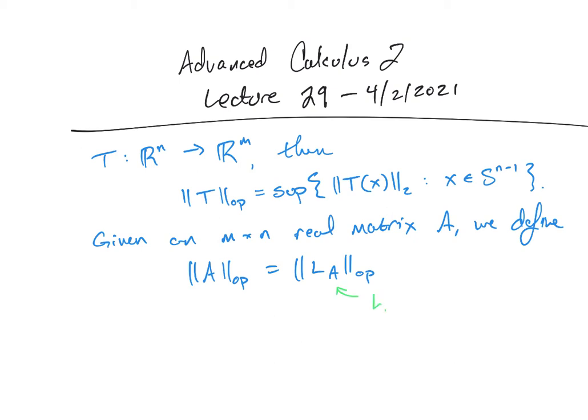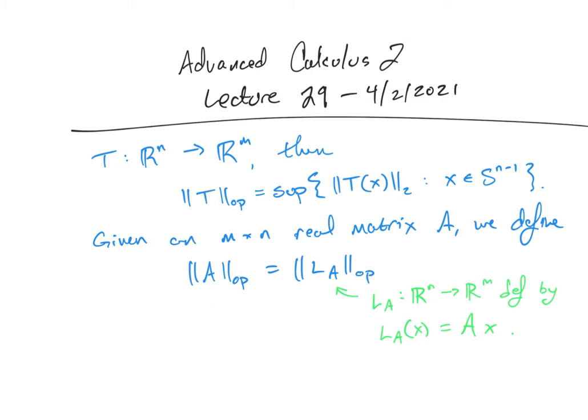So this is LA from Rn to Rm defined by LA of X equals left multiplication by A.